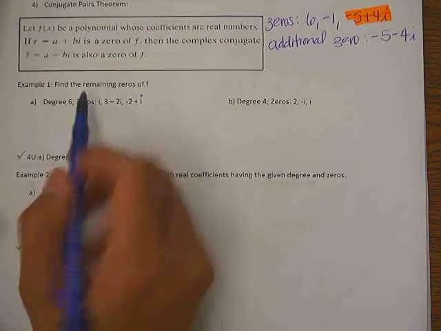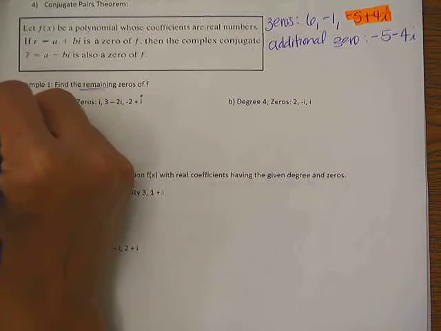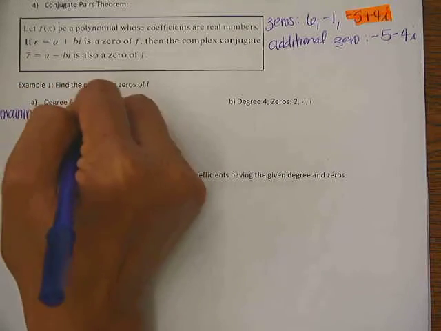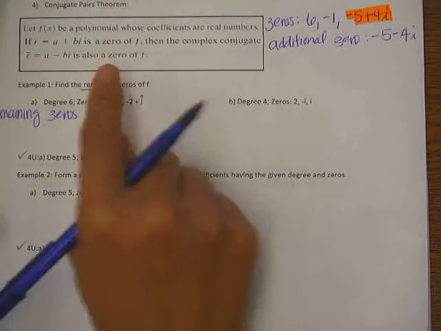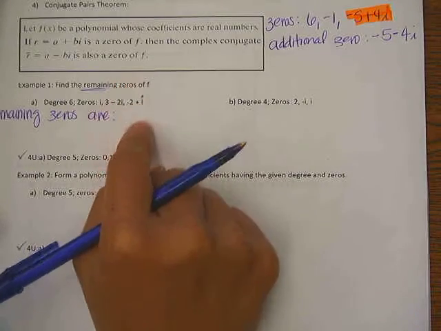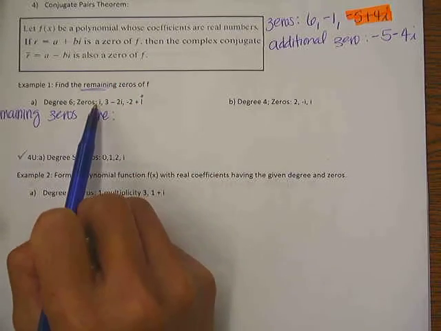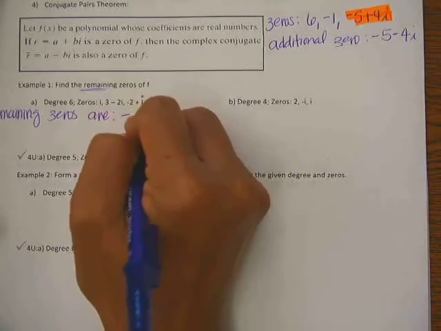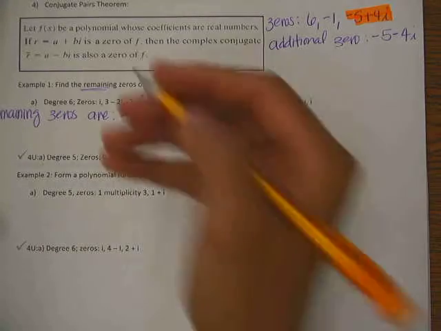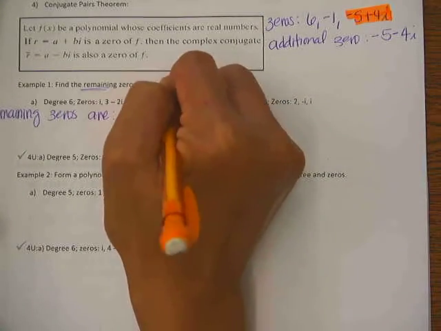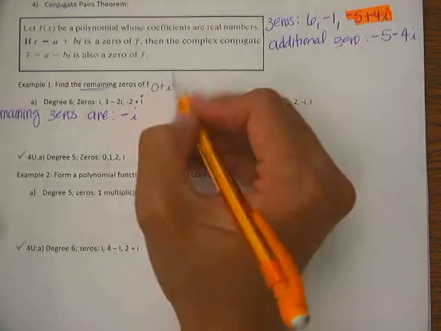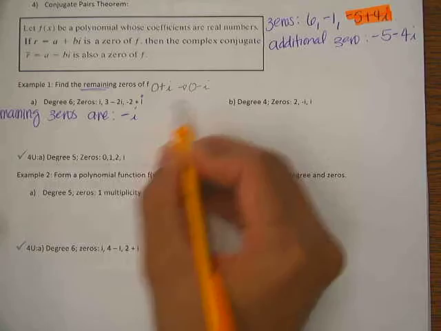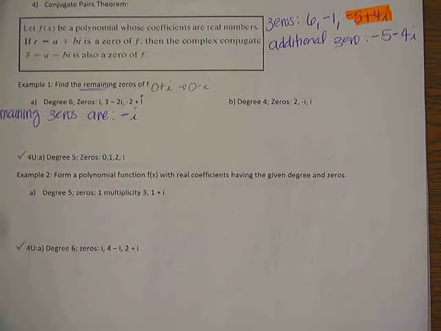So it says find the remaining zeros. According to our conjugate pairs theorem, it's super important that you understand this. If this is an i, its conjugate is going to be negative i. I can write i as 0 plus i, so the conjugate would be 0 minus i, but 0 minus anything is itself, so we can just write negative i.